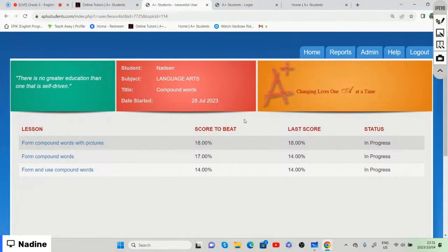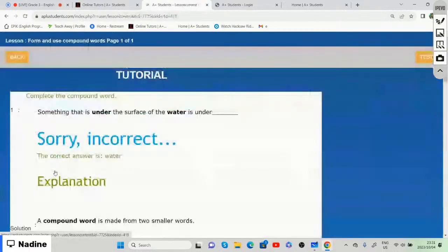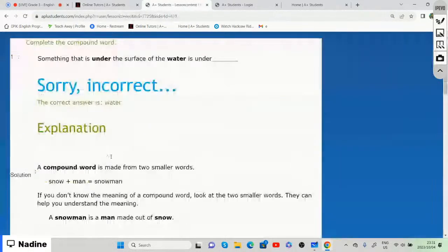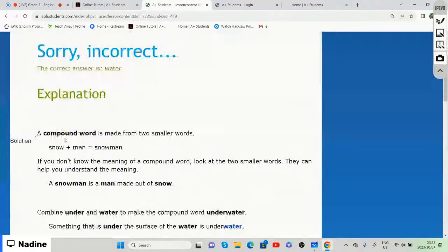All right, so now we are going to form and use our compound words. Once again, a compound word is made from two smaller words, right?